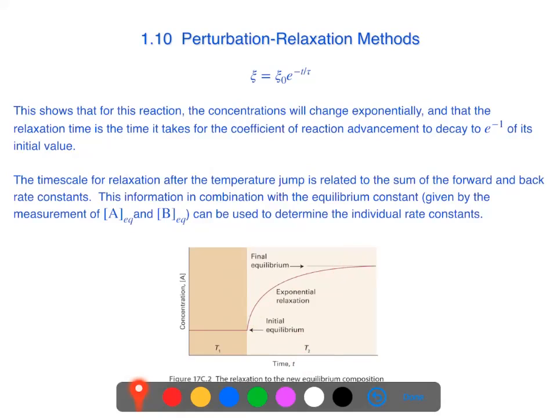So if we know the sum from the exponential curve and we know the ratio from a steady state measurement, we have two equations, two unknowns. We can solve for k1 plus and k minus 1 plus respectively.